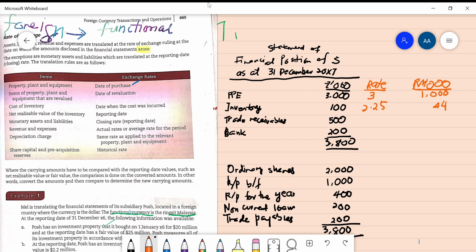So divide by 2, we will have 250. Next, bank, monetary also at closing rate. So we use 2.